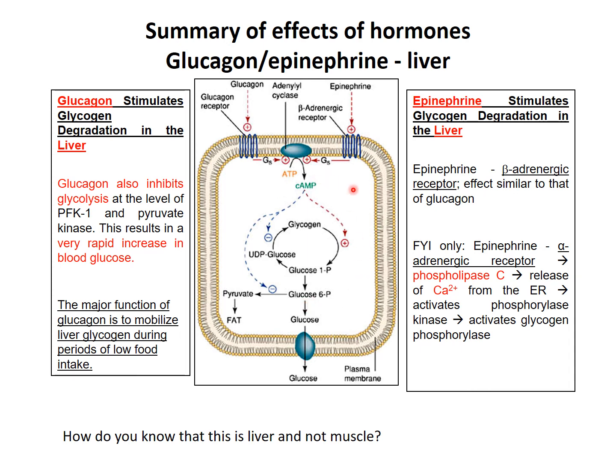Okay, so glucagon epinephrine effect on liver glycogen metabolism. We just went through that. Epinephrine, glucagon, adenylate cyclase, phosphorylation, which will activate glycogen degradation, phosphorylase, and it will inactivate glycogen synthesis.